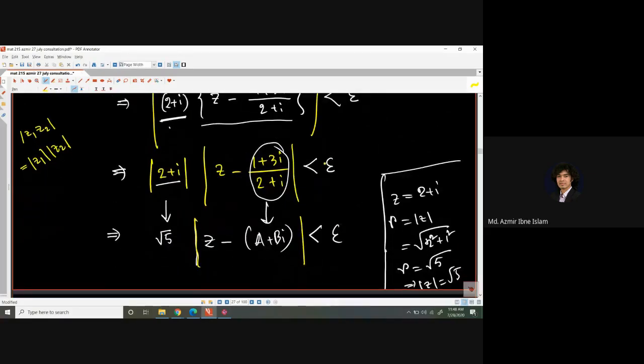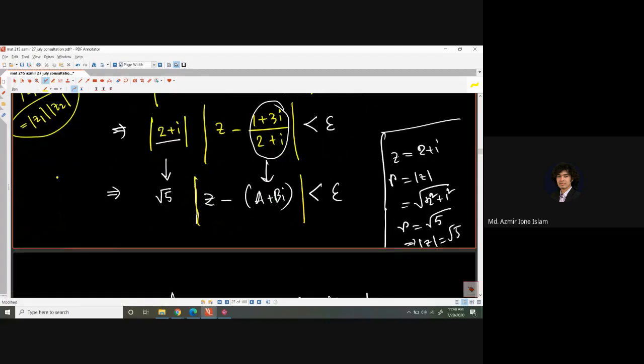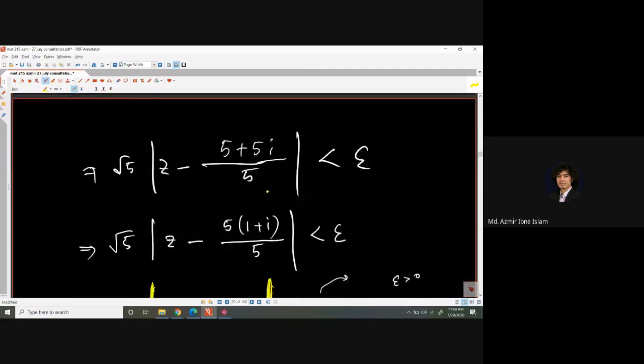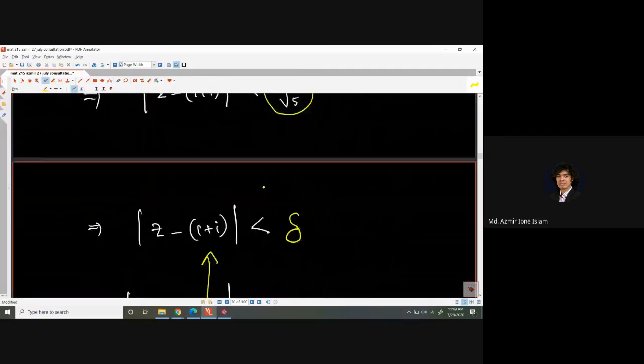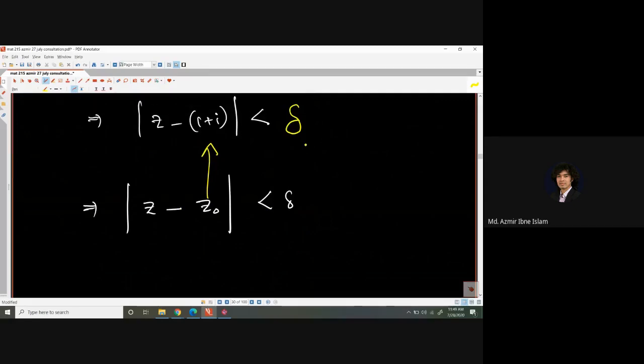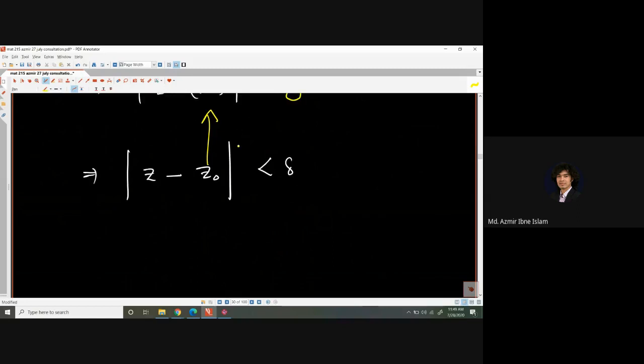We are finding the modulus for the first part, using this concept, then rationalizing this p by q form. And finally, after algebraic manipulation, we have reached the conclusion that we have found a positive delta for which we have this condition, modulus of z negative z naught, where z naught is in our limit.